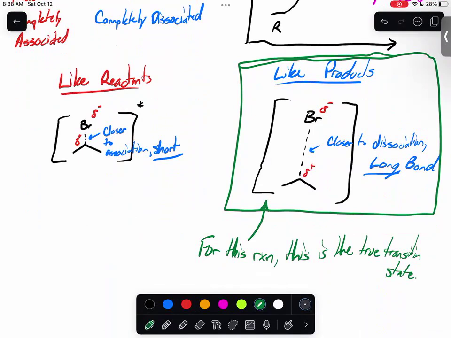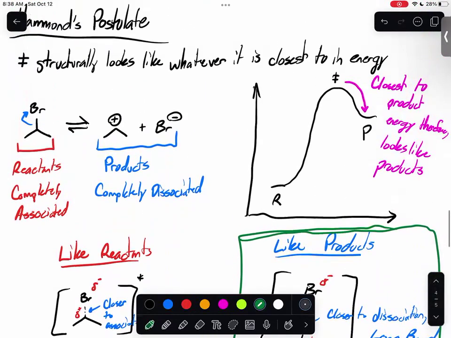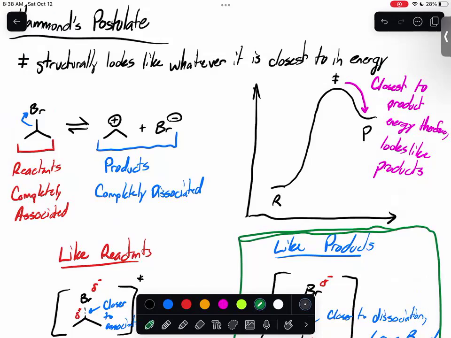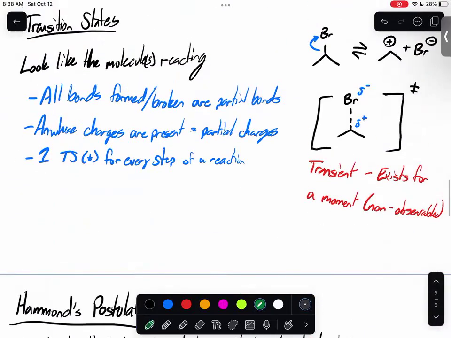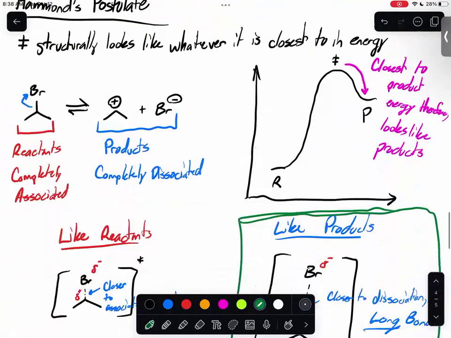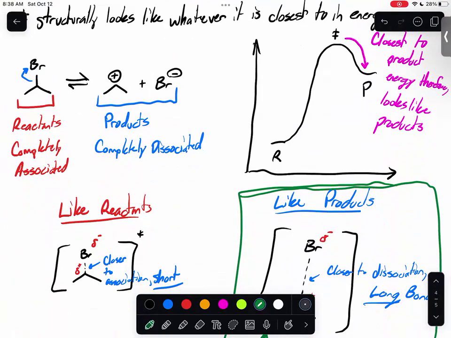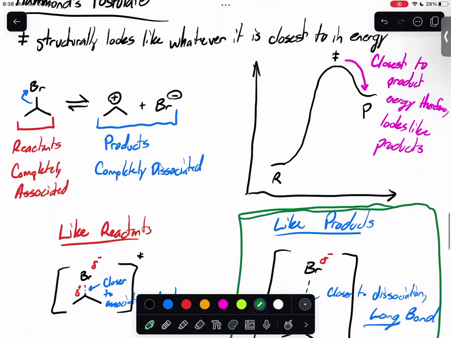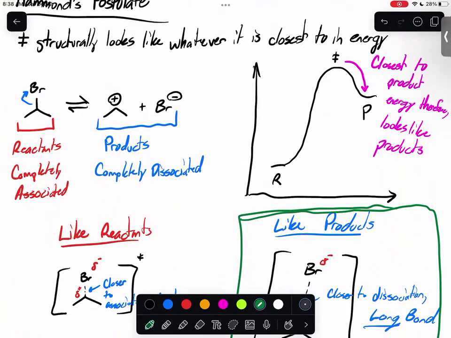So essentially, we can predict what the transition state's going to look like by following our rules up here, just all bonds that are formed or broken are partial bonds. Anywhere the charges are present are partial charges. But now we also have this idea of we know the bond length based on where in energy our transition state is closest to. Okay?